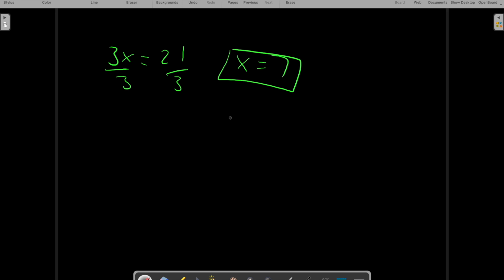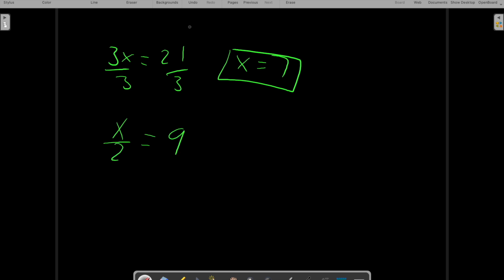So if we had 3x equals 21, we'd undo the multiplication on both sides, divide by 3. Get something that looks like that, x equals 7. Right? We could also have something like x over 2 equals 9.